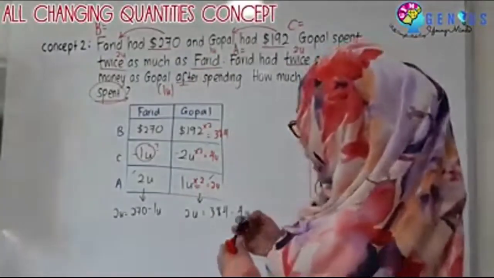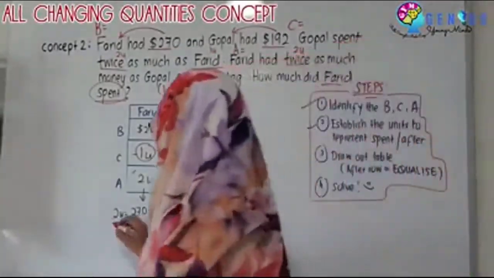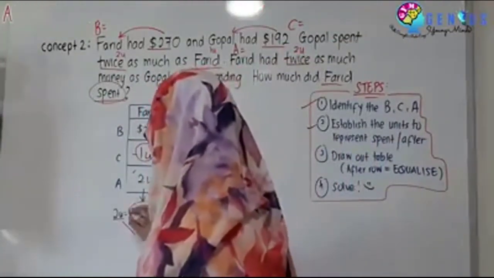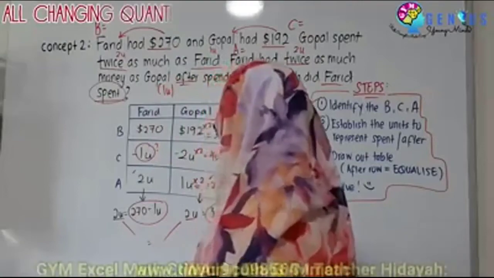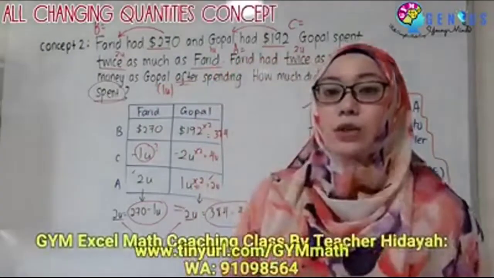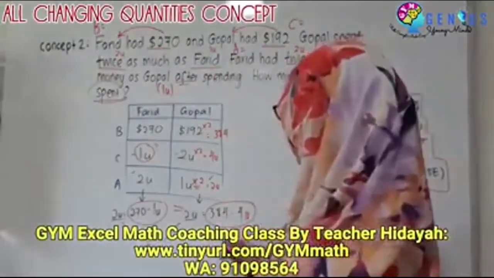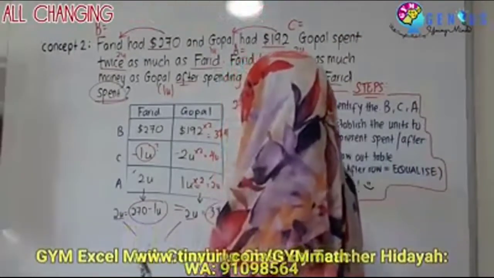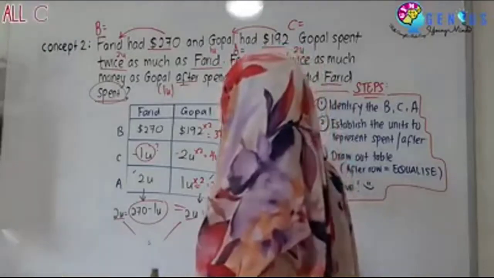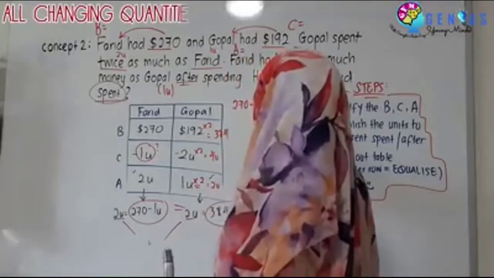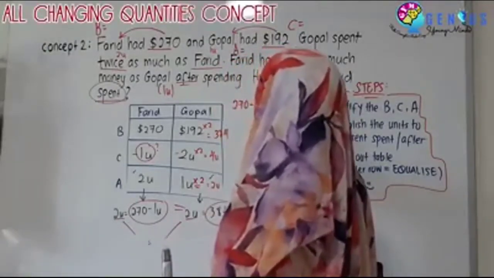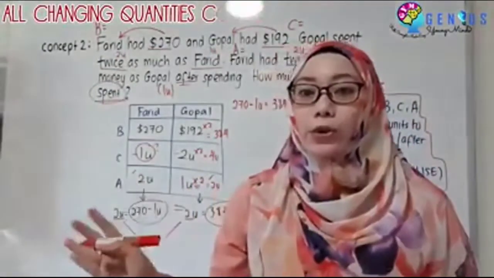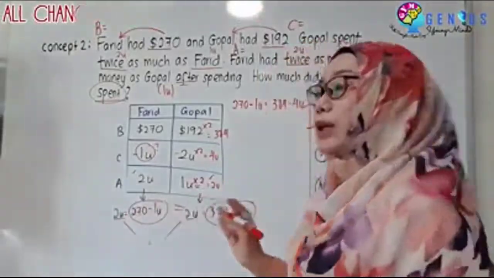Understand? Okay? So now, these 2 units and 2 units are equal. Which means this and this is also equal. So we're going to rewrite the equation, then we're going to solve. 270 minus 1 unit is equal to 384 minus 4 units, okay? So as usual, we're going to group up all the units to one side and all the numbers to the other side.